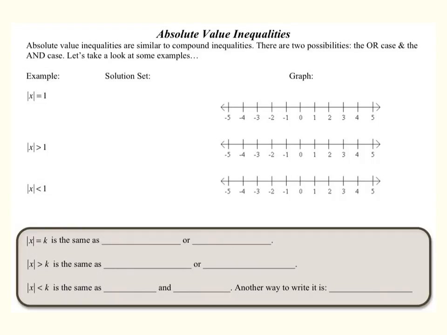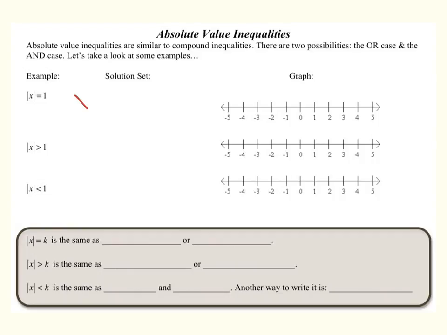So if we look at this, we did absolute value equations, and with that, your two solutions for absolute value of x equaling 1 could be x equaling -1 or x equaling +1. Those are your two answers.